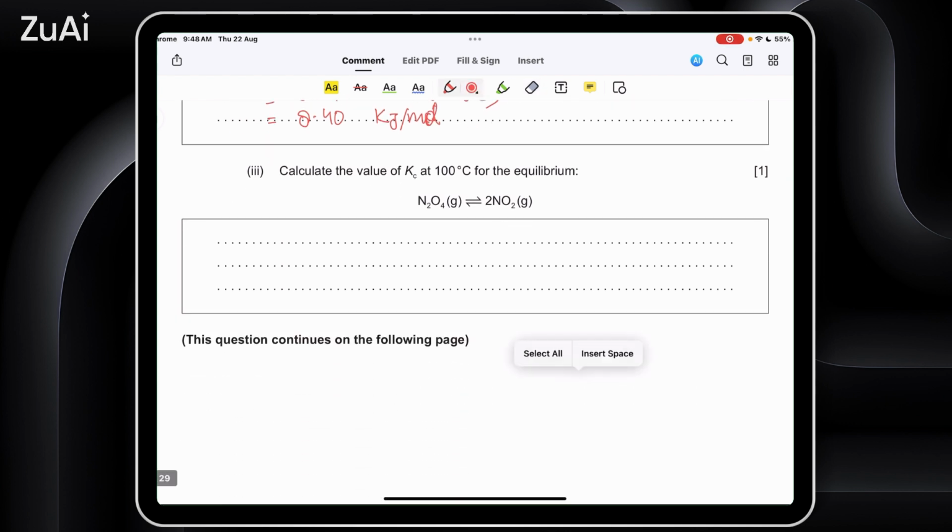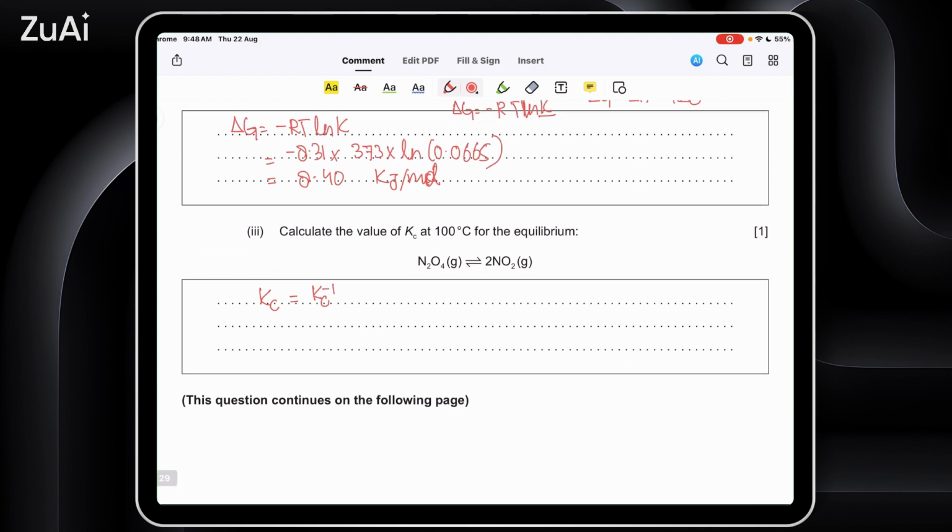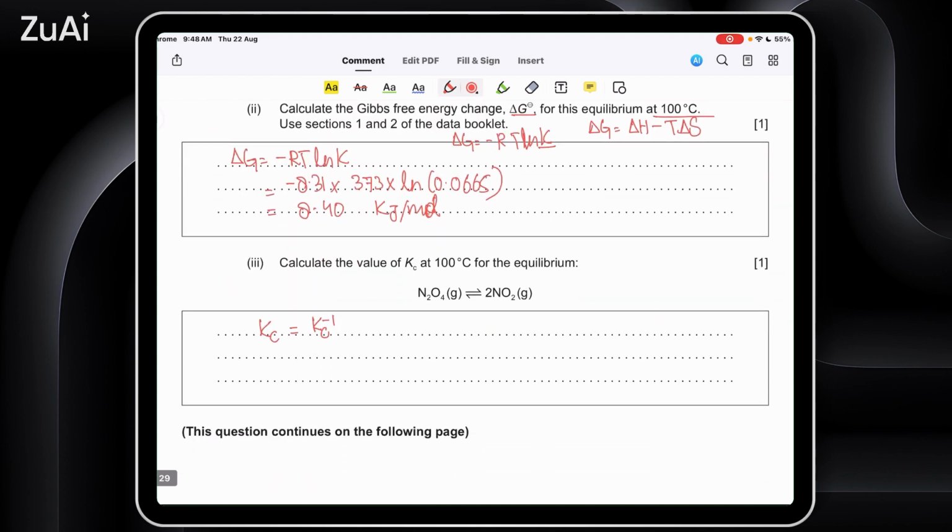Calculate the value of Kc. So Kc is equal to the inverse Kc, because now the reaction starts from there. So it is 1 over 0.0665. We have to take the reciprocal.